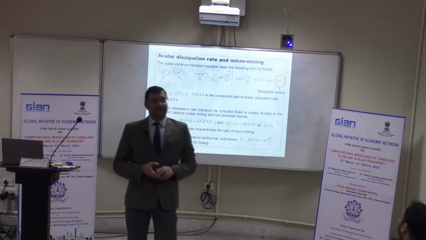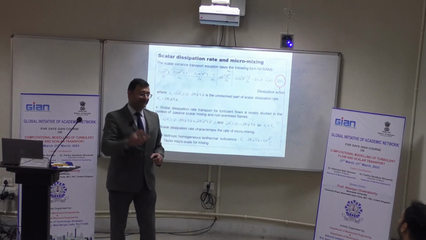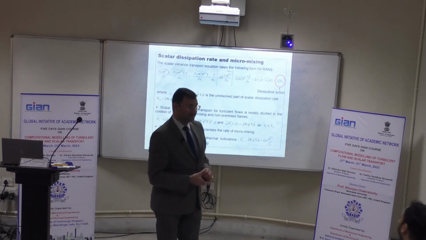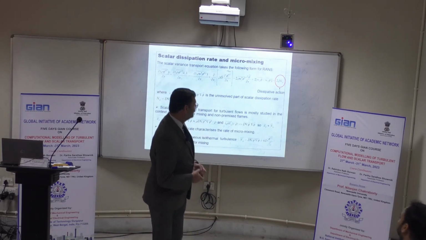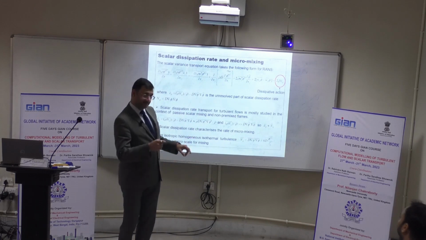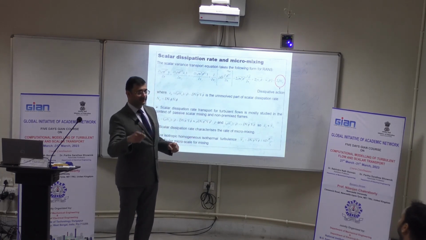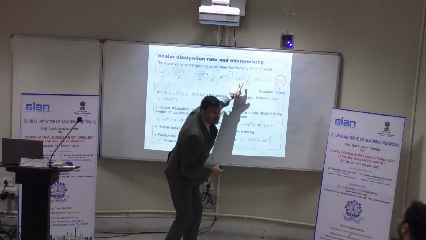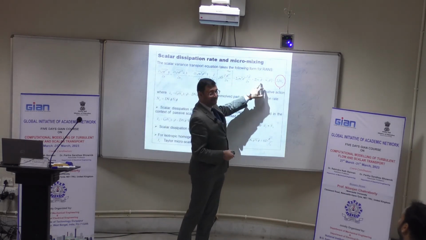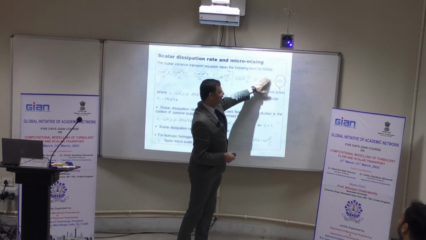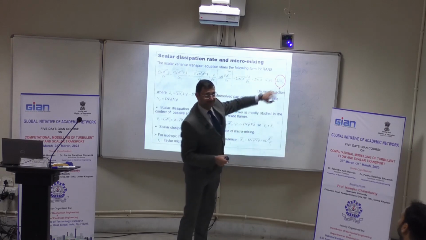You might remember I gave the analogy of putting sugar in your coffee cup or tea cup. When you stir it, you are inducing scalar gradient. This one starts to generate. Obviously in your tea cup or coffee cup there is no chemical reaction, so this term goes to zero.